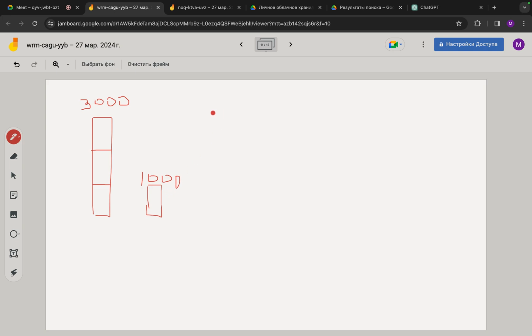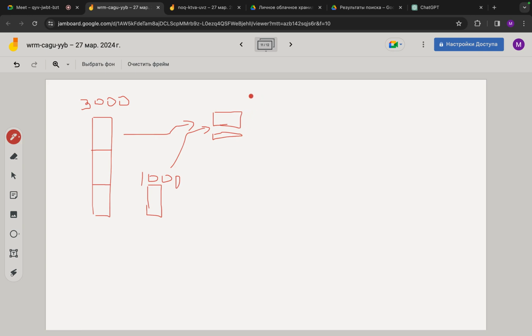So for example, if we take this one and this one, they are equal.